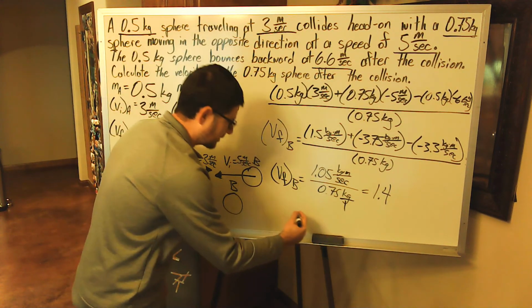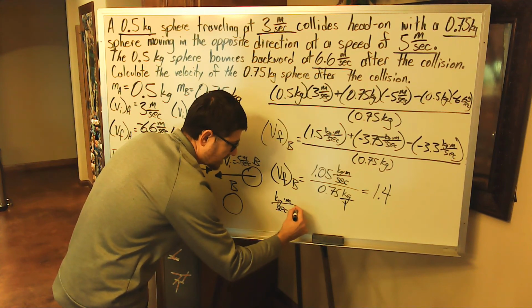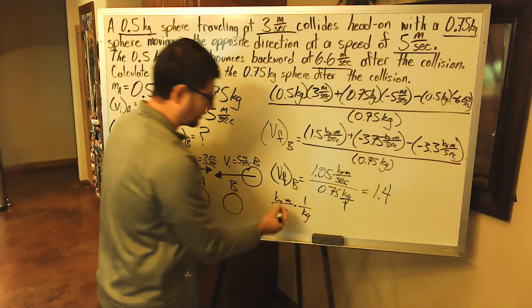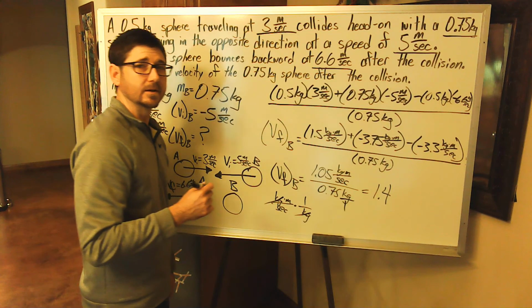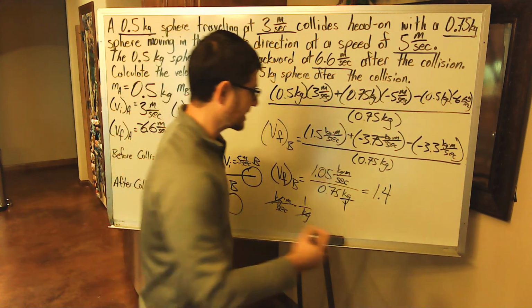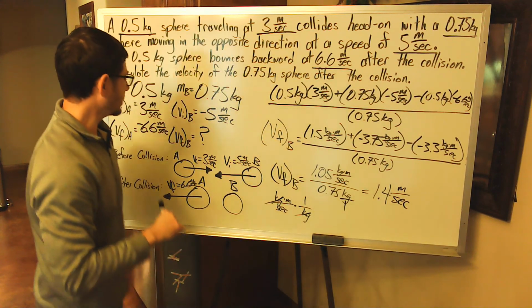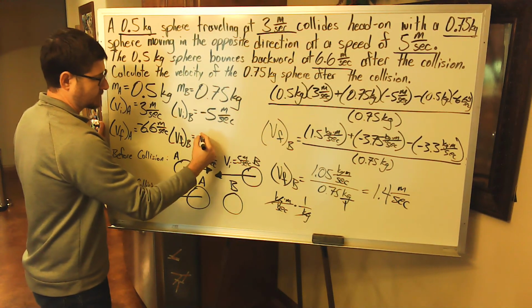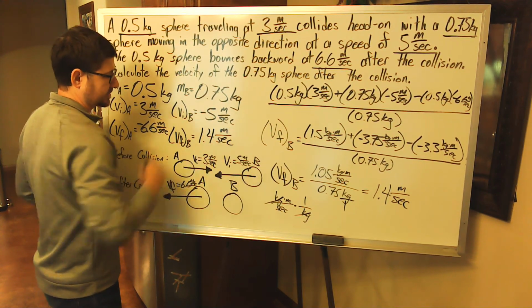So what I have here is kilogram meters per second times 1 over kilogram. And we know that kilogram is going to cancel here. That's going to leave us with units of meters per second. So the final velocity for object B is going to be 1.4 meters per second.